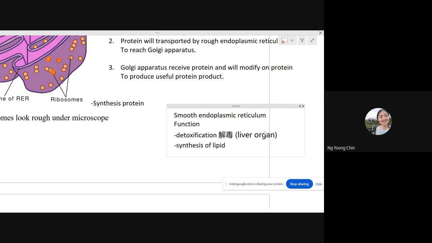So a lot of SER are found in the liver. Another thing is that smooth endoplasmic reticulum doesn't have ribosomes, so its surface is very smooth. Smooth relates to lipid, because lipid is also very smooth. You can use this way to memorize. So SER, the functions: lipid and detoxification.